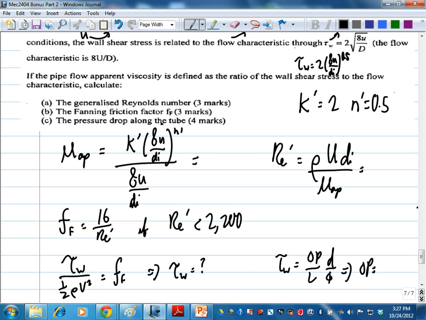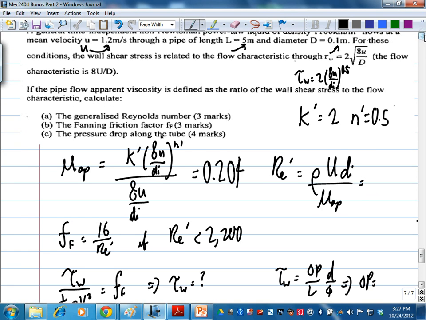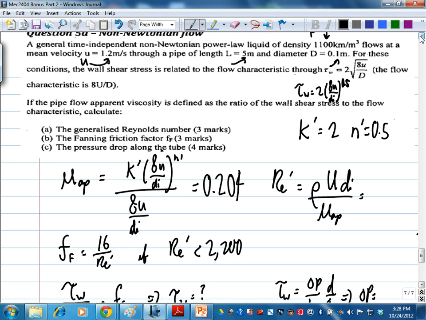What's the mu AP? 0.204. Is that right? RE prime? 646? 646.7.